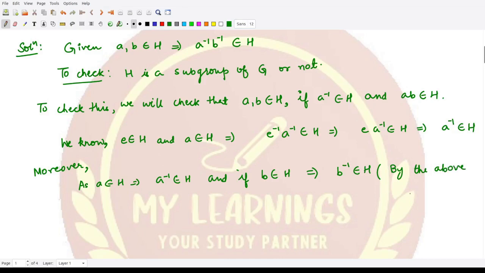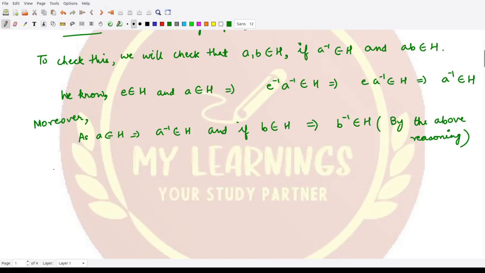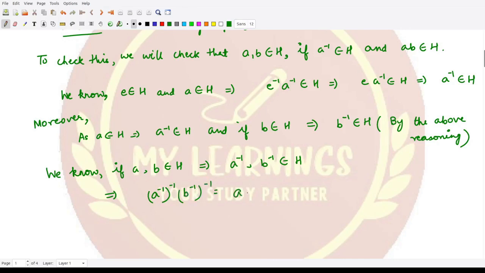So if A inverse and B inverse belong to H, then from the given condition, A inverse and B inverse belonging to H would imply the inverse of A inverse times the inverse of B inverse, which is A and B, also belongs to H, by the given condition.